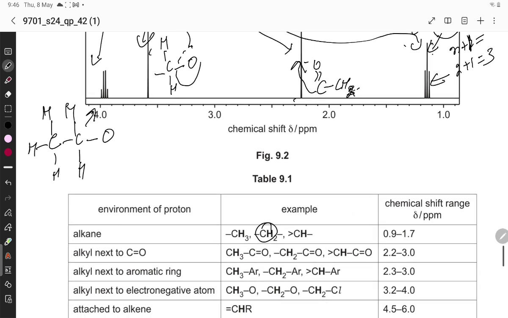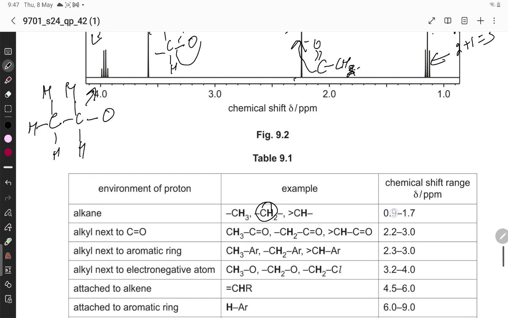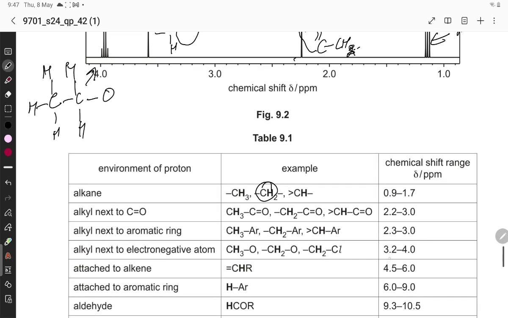So this is around about 3.5 or 3.6, 3.3 and 3.2.